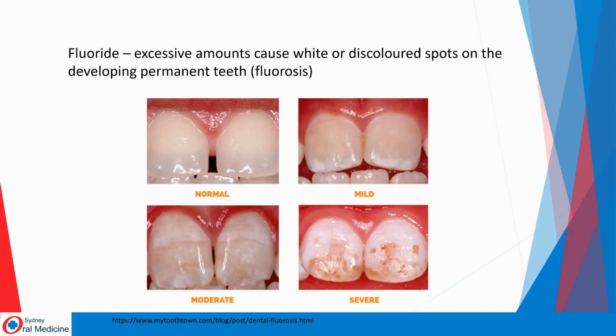Again, this is a permanent phenomenon, and very commonly, particularly in severe cases, patients will actually require dental intervention to both strengthen the teeth but also to improve the appearance of the teeth.